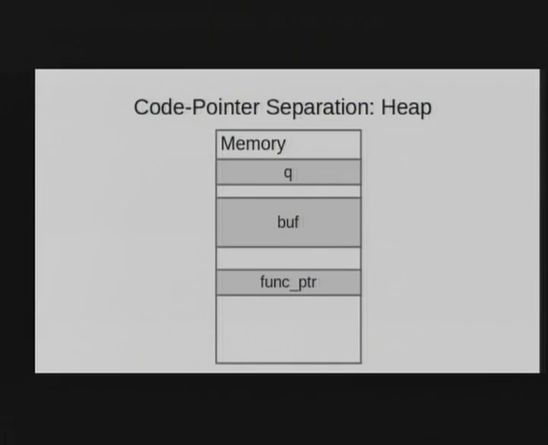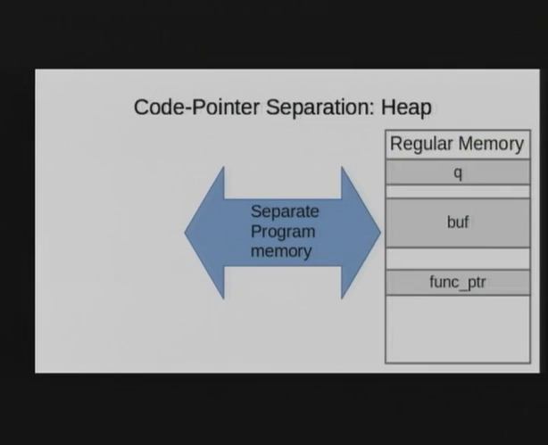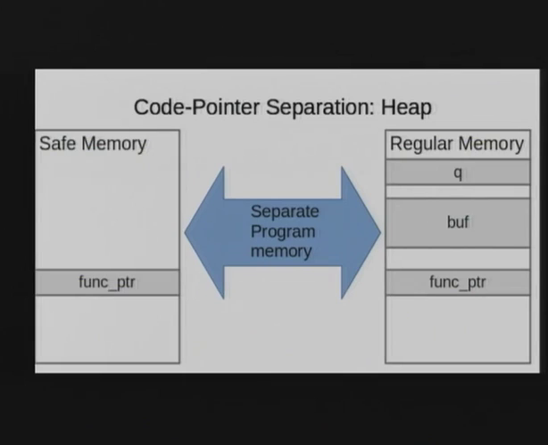So let's start with code pointer separation, the first security policy. Instead of just having one heap, we logically separate the heap into two pieces and look at the regular heap for the program and any safe pointer on top of it. So we do have regular memory where all the unprotected data remains, and we introduce safe memory as well, where we move all our function pointers to.